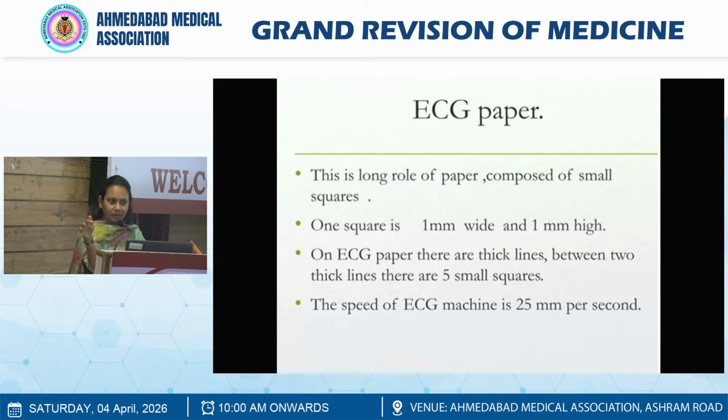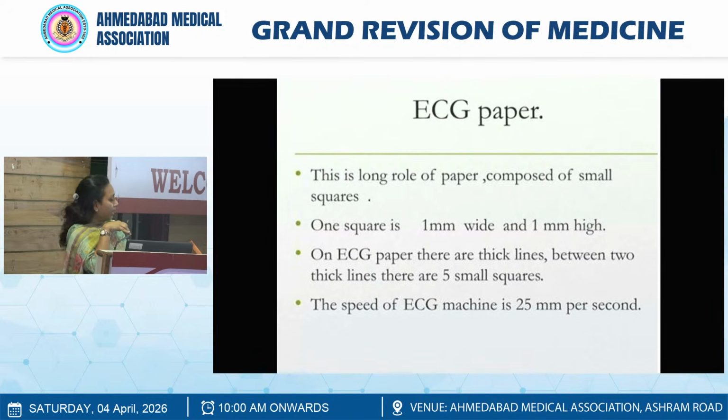There is no ink. The stylus which is present in the electrocardiograph, due to vibrations we get the waveforms based on the electrical activity of the heart. So there is no ink in the machine and it is just thermosensitive. Due to vibration, the paper gets the markings.